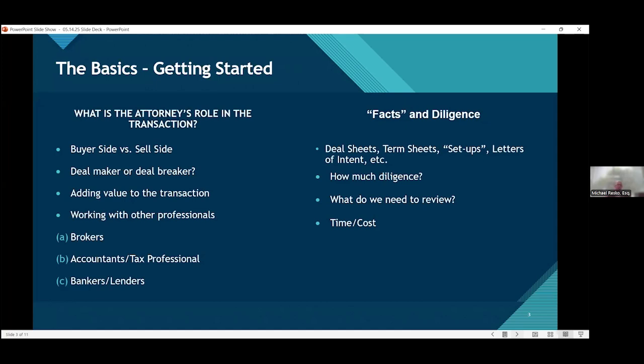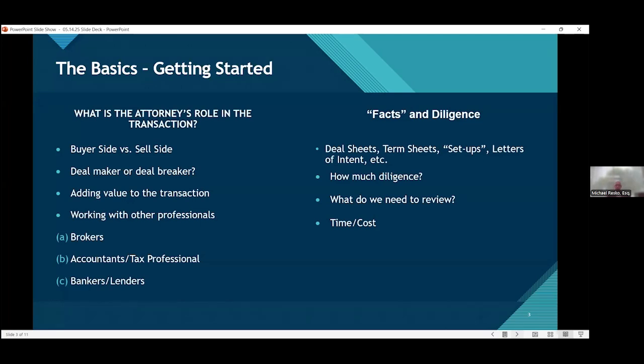Business brokers, if they're good, are involved in the transaction and facilitate it in the same way, and even to a greater extent than, a very good real estate broker or agent.